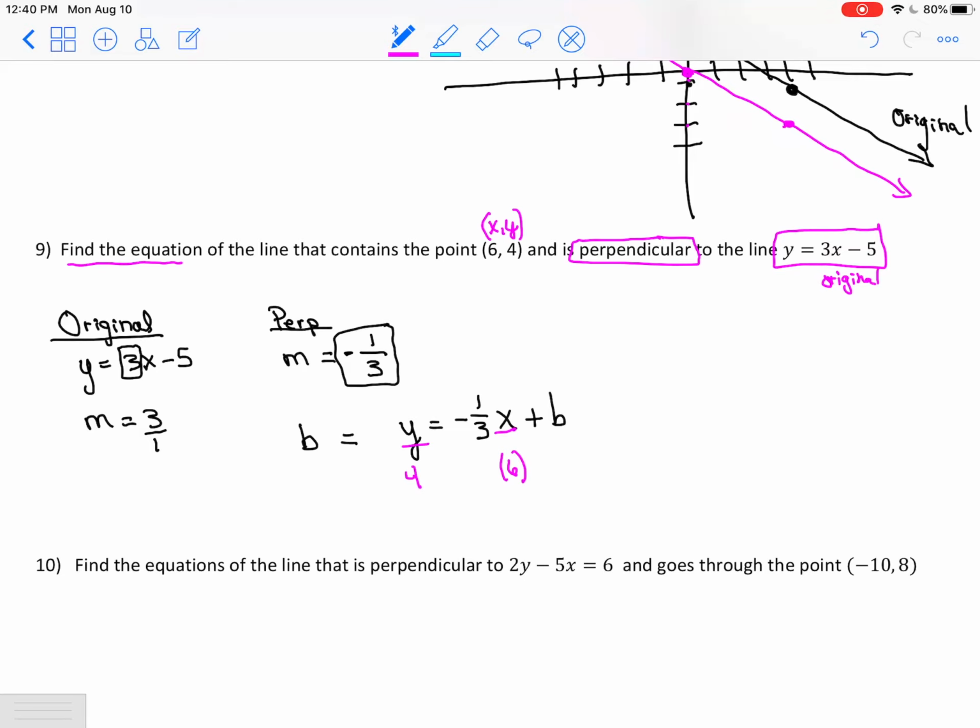So we're plugging in for these guys right here: 4 equals 1/3 times 6, plus b. 6 divided by 3 is 2. Minus 2, minus 2. Okay, so our b is going to equal 2.